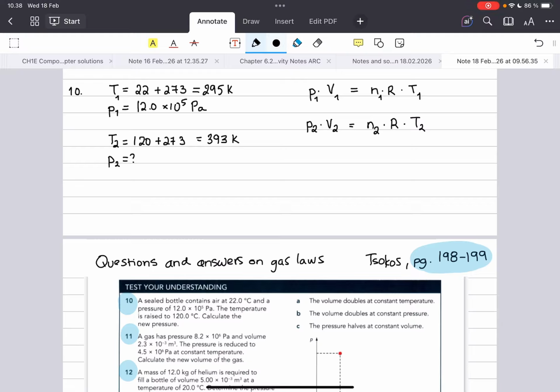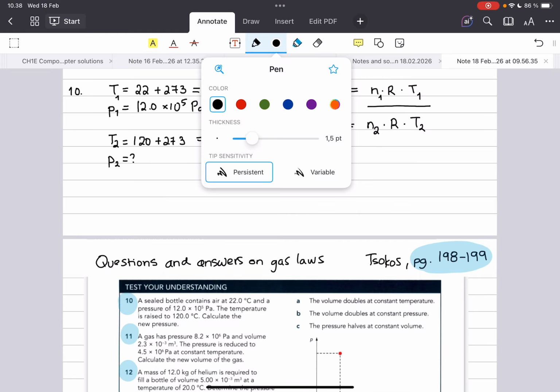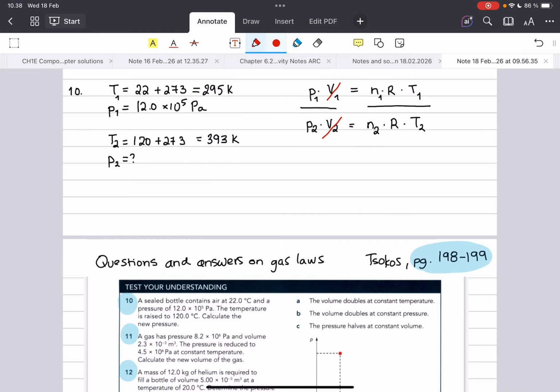But of course, let's divide those two, because the volume cancels out. It's the same volume. We're talking about a sealed bottle, and therefore it has the same volume and the same number of moles. The gas constant is the same, and therefore we can write that P2, if we solve for P2 here, would be P1 times T2 over T1.